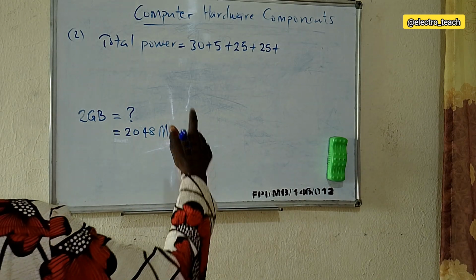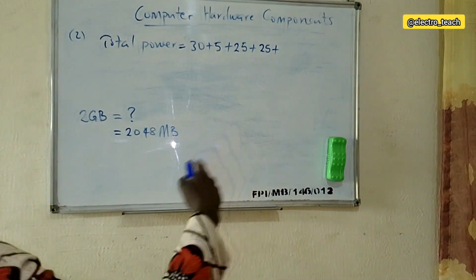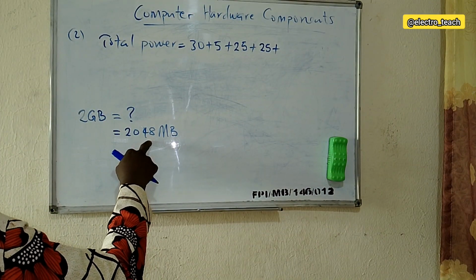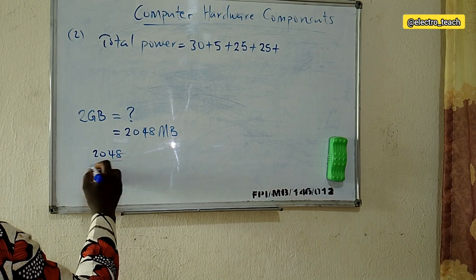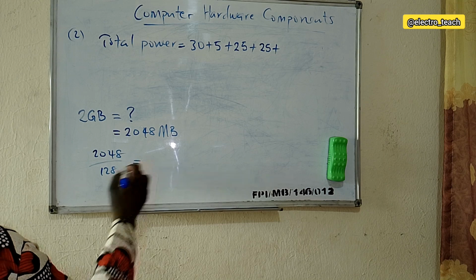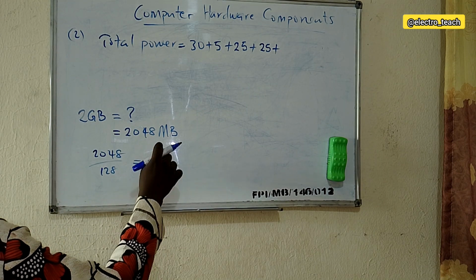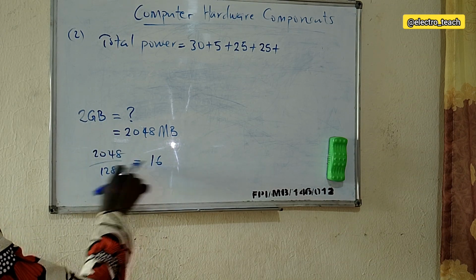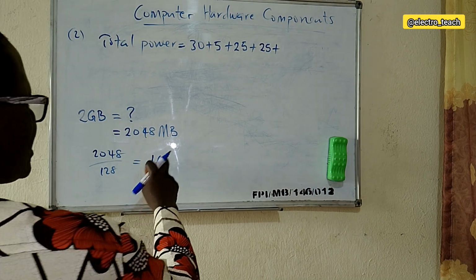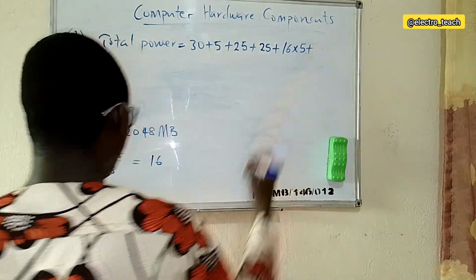Okay, so when we are told that 128 megabytes consumes 5 watts, we want to determine how many 128 megabytes we are going to get here. For that, you can say 2048 divided by 128. So let's look at that. That gives us 16. So we are going to have 16 units of 128 megabytes inside the 2 gig. So it means we are going to have 16 times 5.